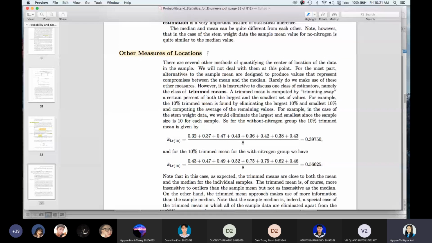Another measure of location we have is the trimmed mean. Trimmed mean here is when we want to remove 10%.